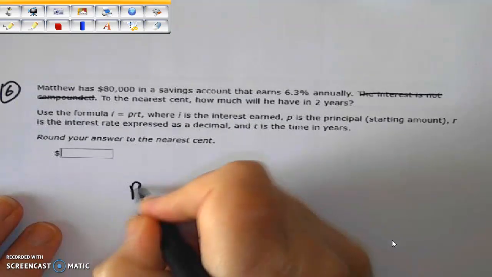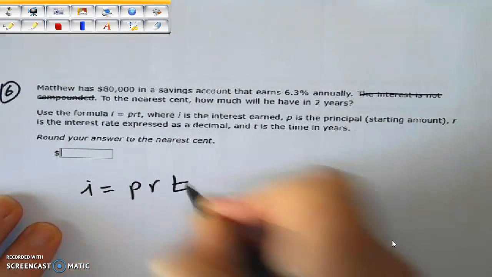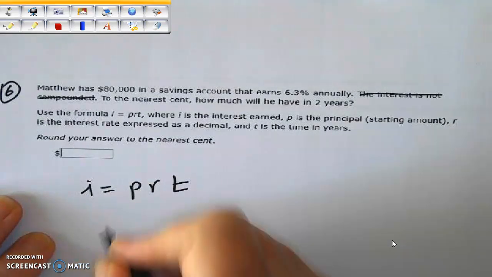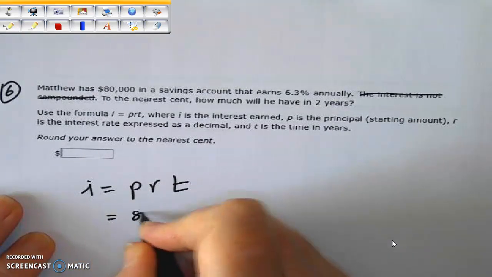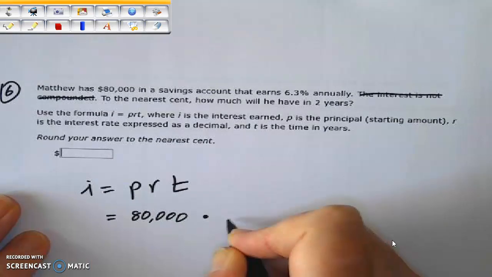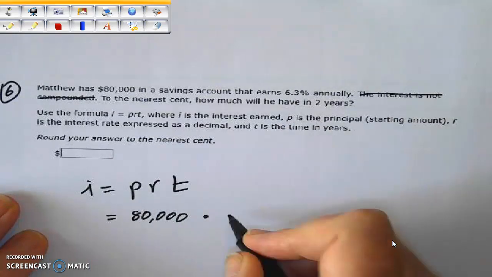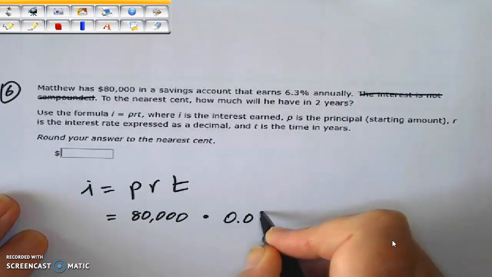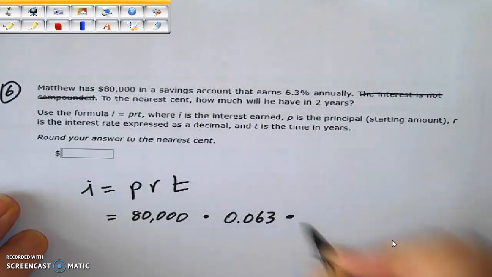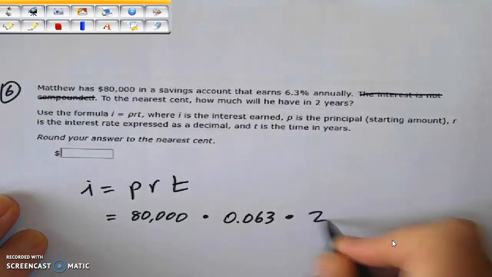Okay, so I equals PRT. The principal, 80,000. That's the money he started with. The rate, 6.3% annually, is going to be 0.063. Be careful about converting that. How much will he have in 2 years?